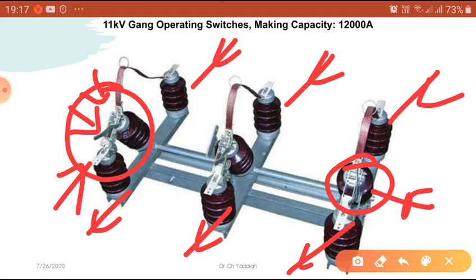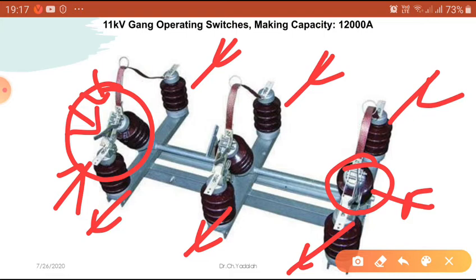If your oil is used frequently, with repeated operation, what will happen? An arc occurs. Due to the arc, there is a high temperature. At this high temperature, the oil particles decompose and create gas.